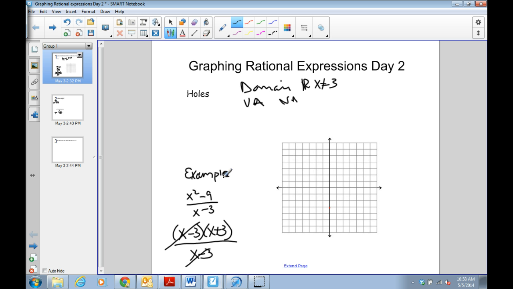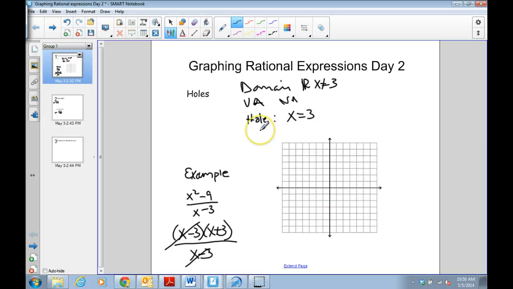So if you've canceled it out and you don't have the vertical asymptote, that becomes the hole in this case. So this would be x equals 3. At x equals 3 on the graph, wherever the graph crosses x equals 3, that's going to be a hole. I'll show you that in just a second.